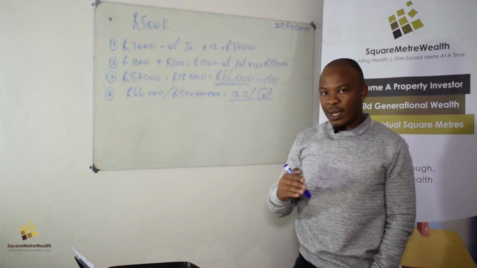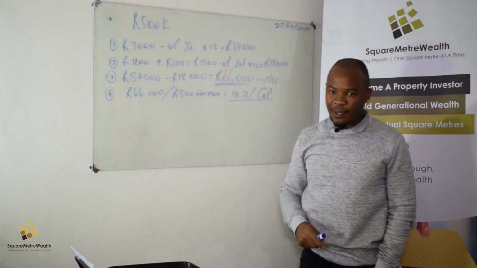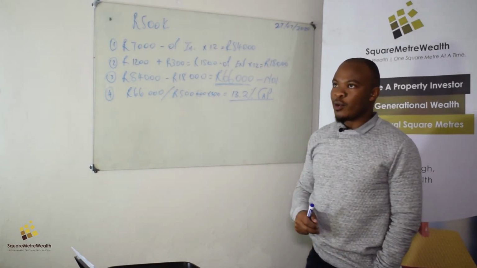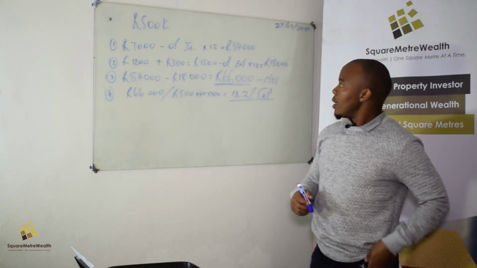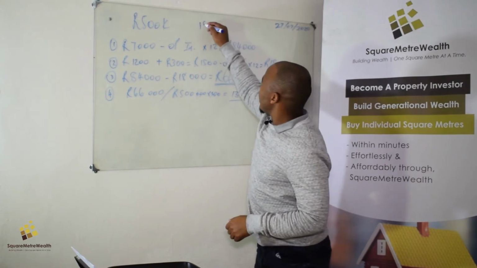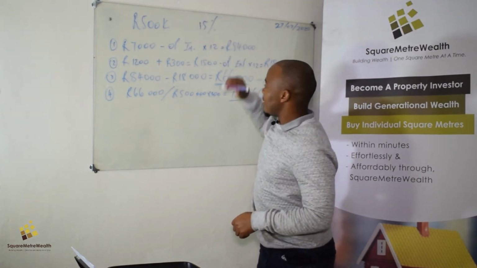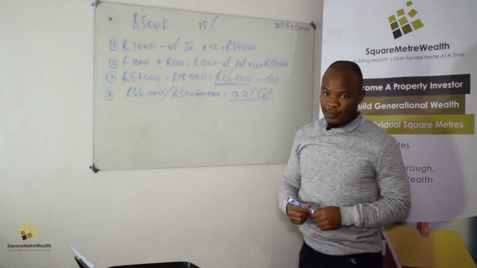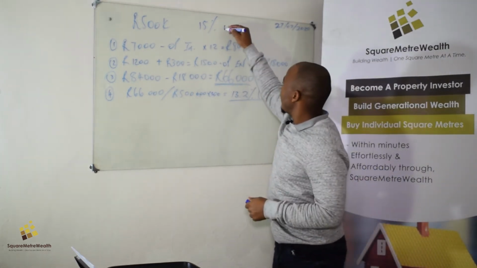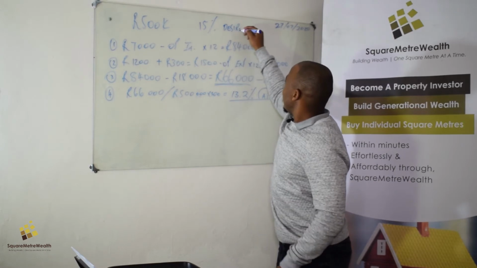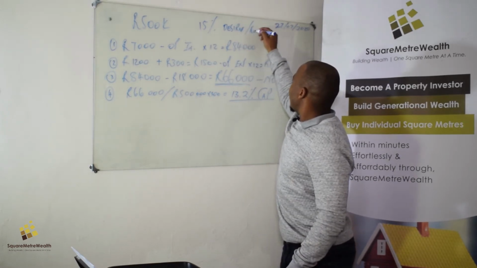as a person you had your desired cap rate. So in other words, you had a rate that you would deem as acceptable to you. So you said you want to earn 15% on this property. This is your desired or required cap rate.